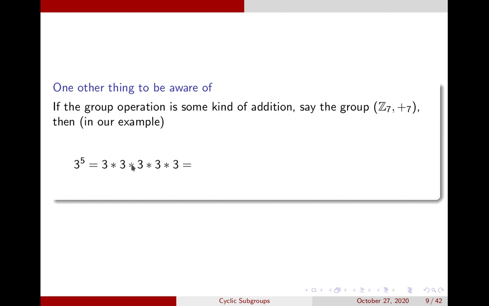Well, it means 3 star 3 star 3 star 3 star 3, combining 5 factors of 3 using the group operation. But here the group operation is plus sub 7, which is 5 times 3 mod 7. We're adding 5 threes here, and then taking the answer mod 7, which happens to be 1.